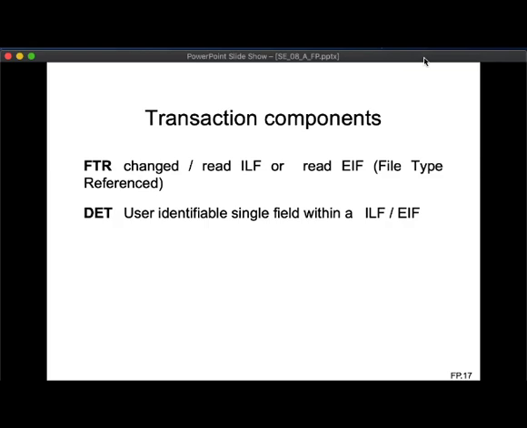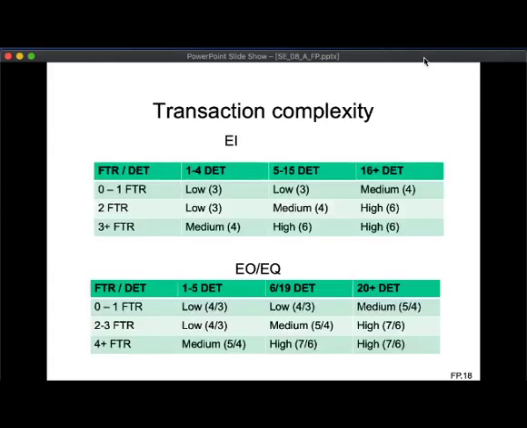Remember that we saw this as well when dealing with the ILF and the EIF. So what are the fields that you consider within the internal logical file or external interface file? And here we have the table as well that gives us the complexity of the transaction.